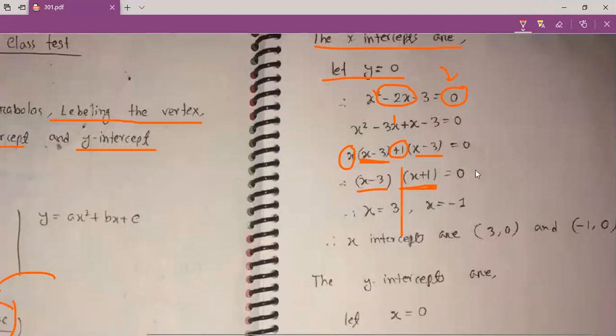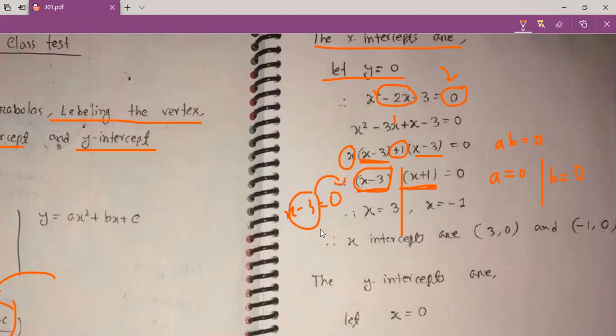So now, here is a rule: if a and b is equal to 0, then we can write a is equal to 0 and b is equal to 0, okay? That's why x minus 3, we can write x minus 3 is equal to 0. So now we will take this minus 3 to the right side. So this will be x is equal to 3. And here we have x plus 1. So we also can write x plus 1 is equal to 0.